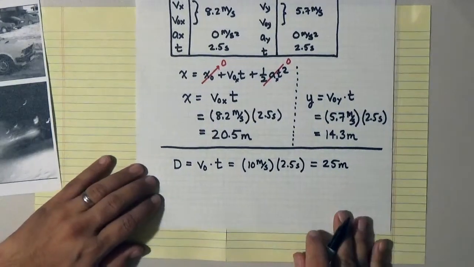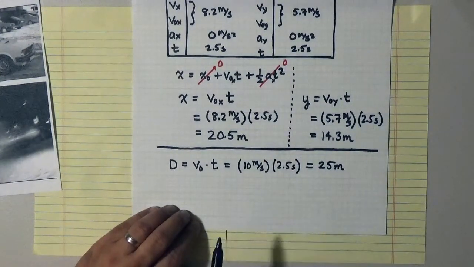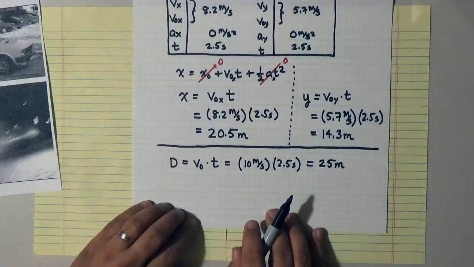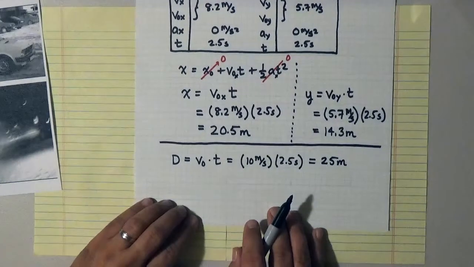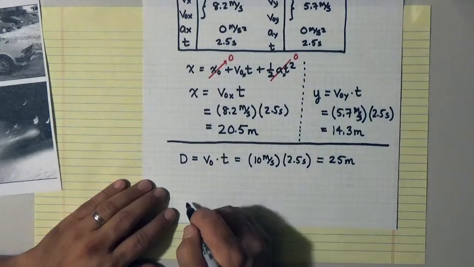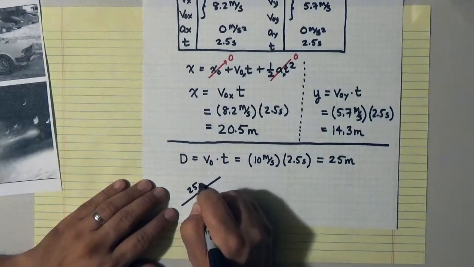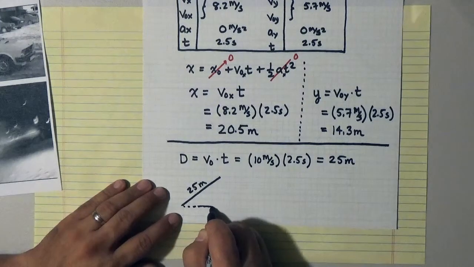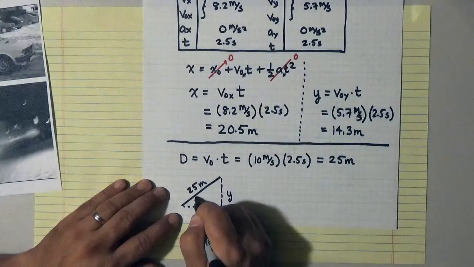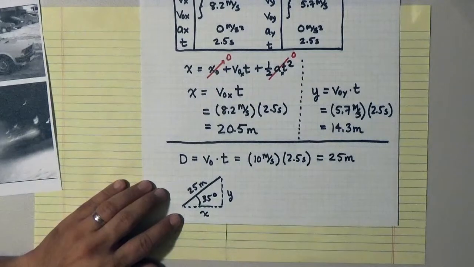That is to say, I traveled 25 meters from the place where I started sliding along that diagonal line into the intersection. Now at this point, I could find the x and the y direction by using my trigonometry again, namely that if this is the distance that I slide along a diagonal line, I can then find the x and the y directions using the fact that that angle is 35 degrees.